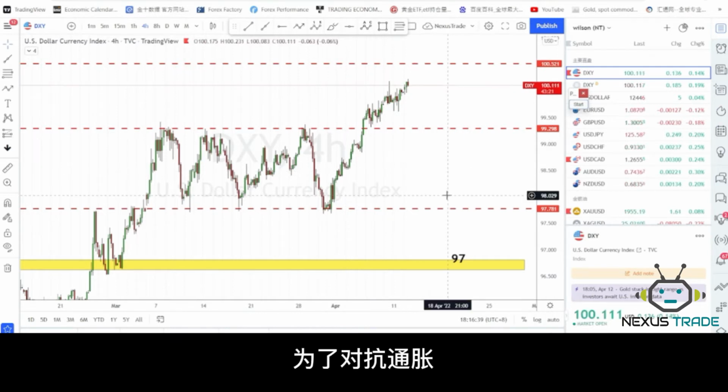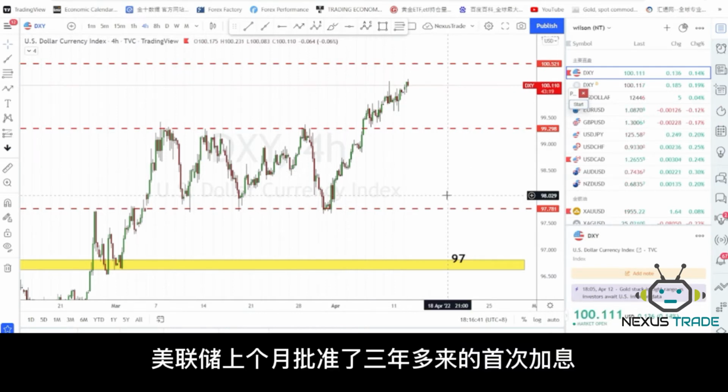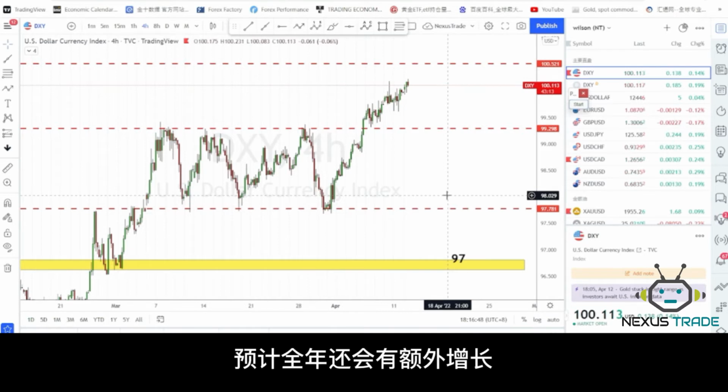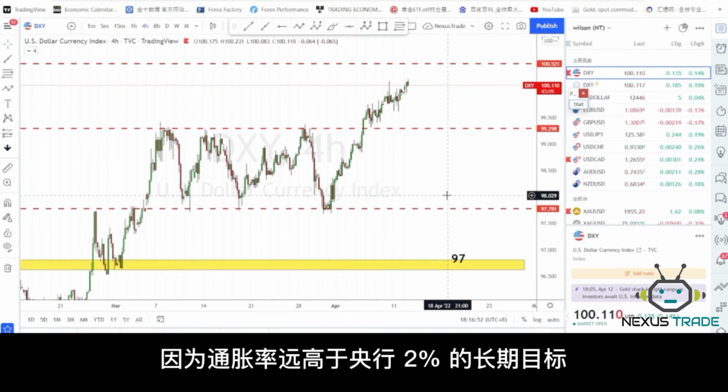To fight inflation, the Fed last month approved its first interest rate hike in more than 3 years. Additional increases are expected throughout the year as inflation runs well above the central bank's long-standing target of 2%.